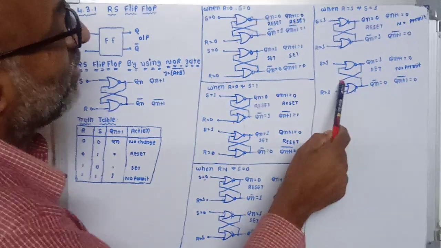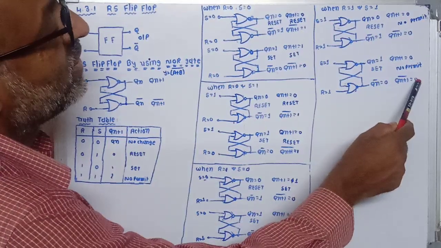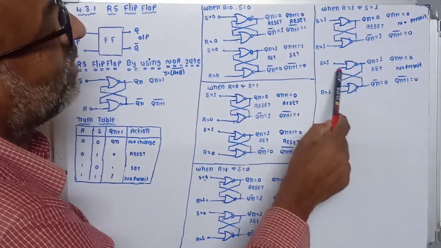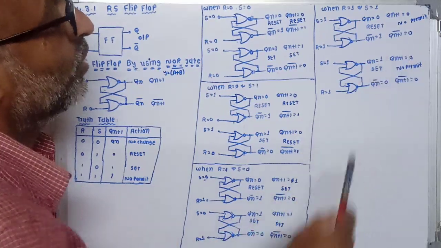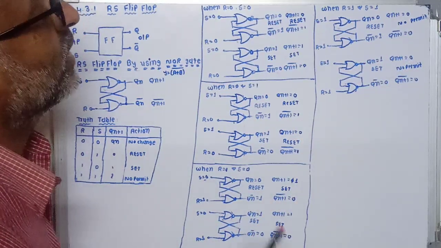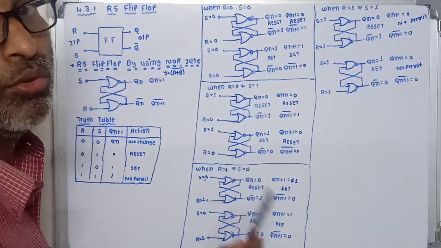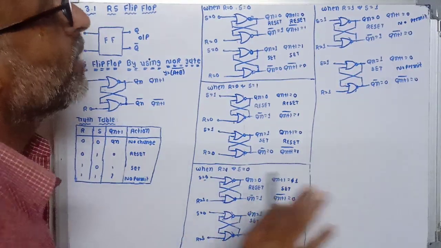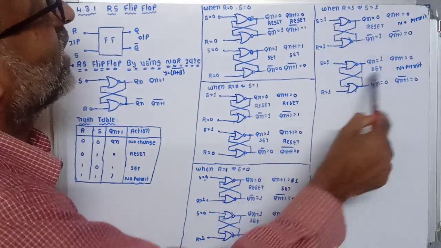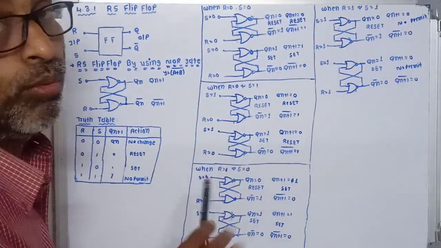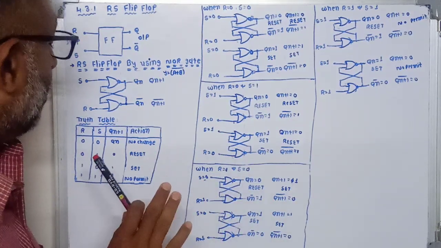Now this 0 is available here, 0 plus 1 is 1 and it is inverted, that means 0. Now 0 is available here, 1 plus 0 is equal to 1 and it is inverted, that means 0. So here you can also say that the new output Qn+1 is equal to 0 as well as Qn+1 bar is equal to 0, which is not permitted. So from that we can say that when R is equal to 1 and S is equal to 1, there is no permission.